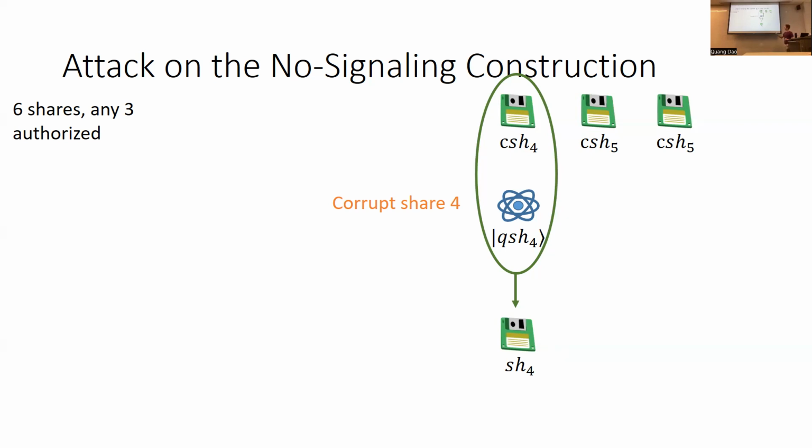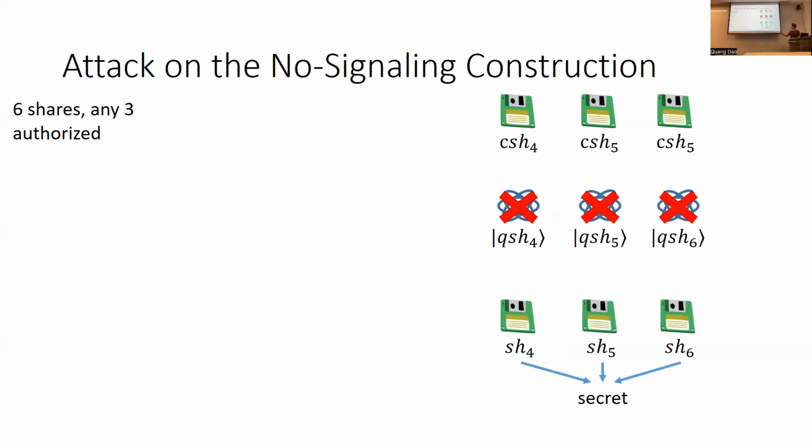This means that even after you've reported SH4, you can still delete the quantum piece. And then we just rinse and repeat, and we get SH5 and SH6. At this point, we have 3 shares from the top level sharing, so we get the secret.